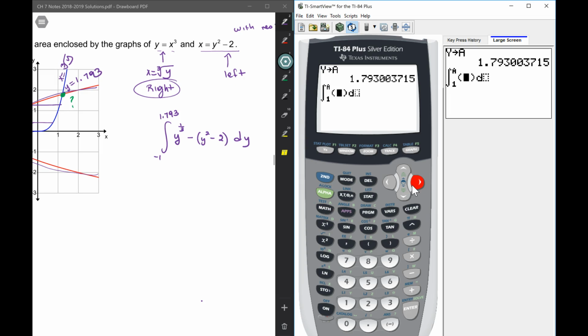Negative 1, it's negative 1. So it's x to the power of 1/3 minus x squared. Now, do you mind if I distribute that negative and do plus 2? It's a free country. You get the same answer.